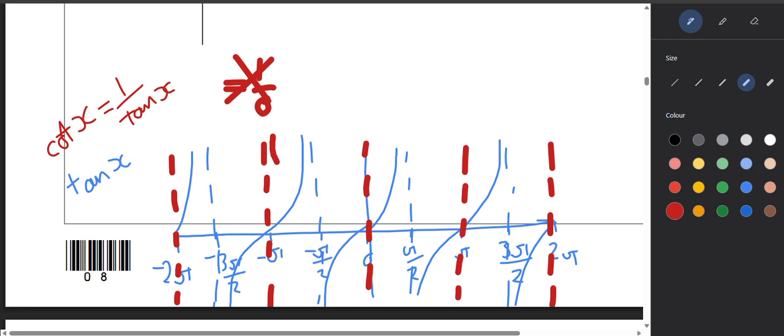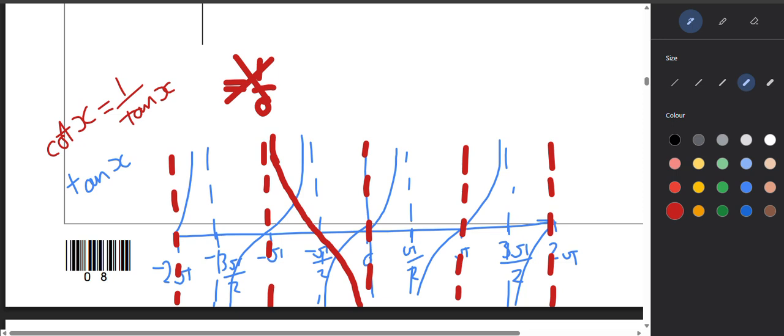So we're going to have cot up here when tan is very small. And then vice versa, when tan is very, very large, we're dividing by a very large number, so that means that cot is going to be very small. So it's going to look something like that. And then we're going to follow the trend for negative as well. So again, if we divide by a very small negative value, we get a very large negative answer out, and vice versa.